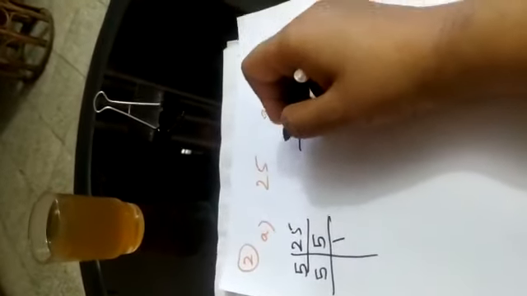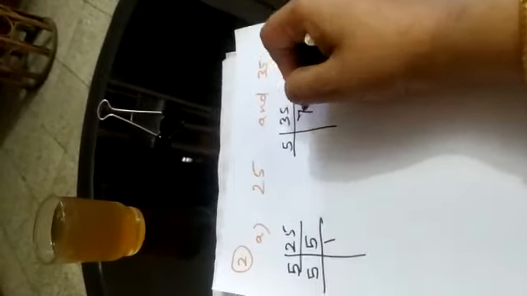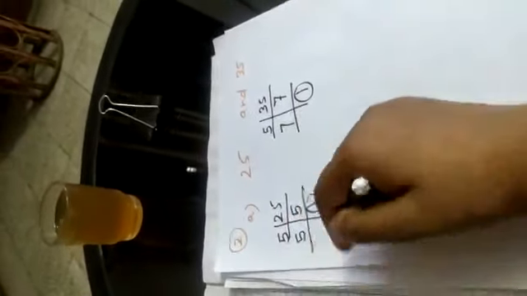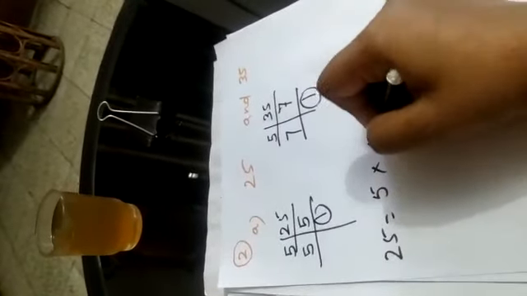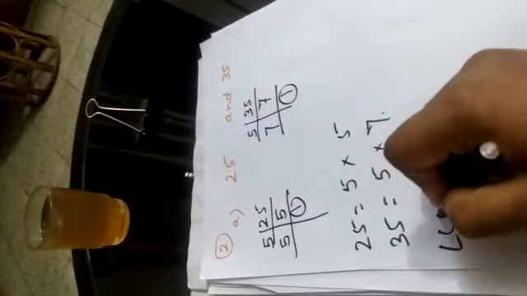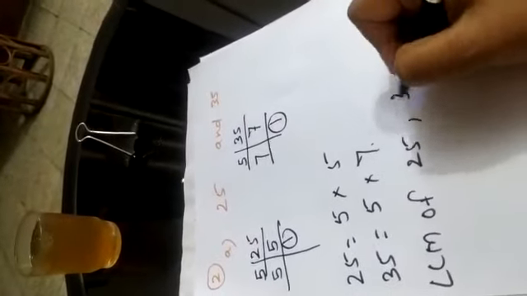Now we use the division method to find the prime factorization of 35. We will divide 35 by 5. So 5 7s are 35. Again 7 will be divided by 7. Now 1, it stops. So firstly we write down the prime factorization of 25 is 5 into 5 and of 35 is 5 into 7. Now what is the LCM of 25 and 35?